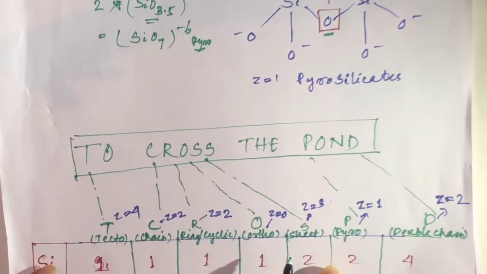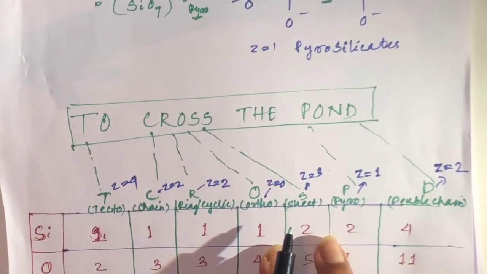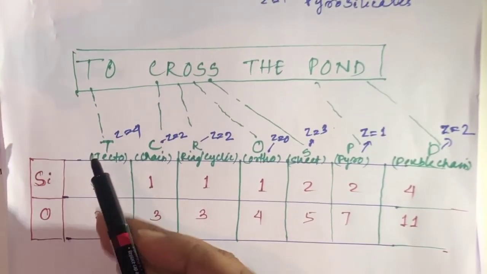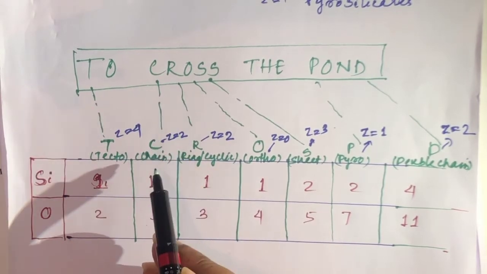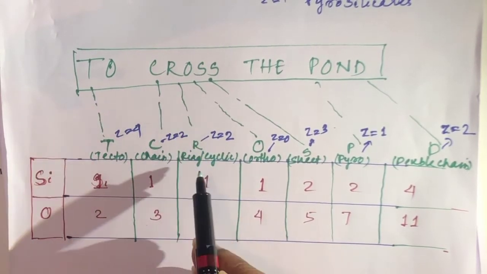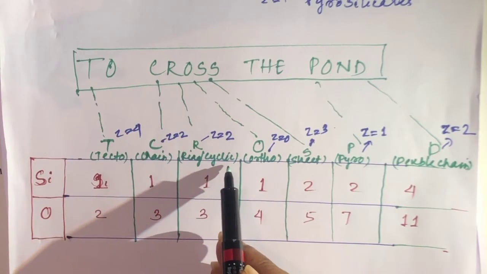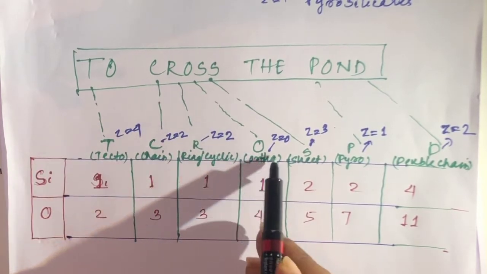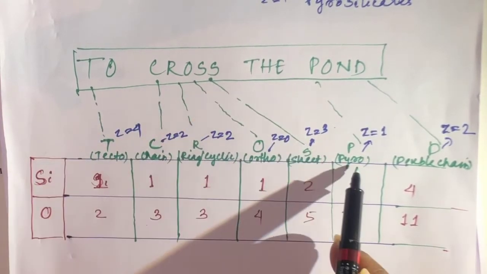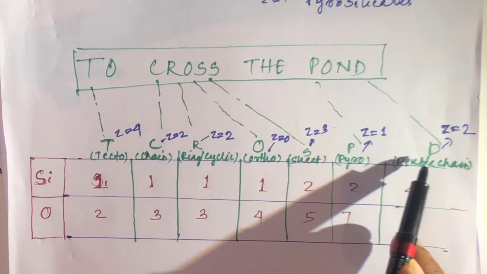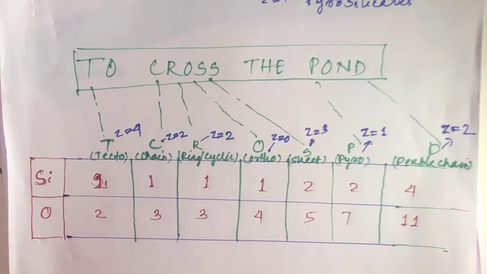Here, T represents tecto, C represents chain, R represents ring or cyclic silicates, O represents orthosilicates, S represents sheet silicates, P represents pyrosilicates, and D represents double chain silicates.